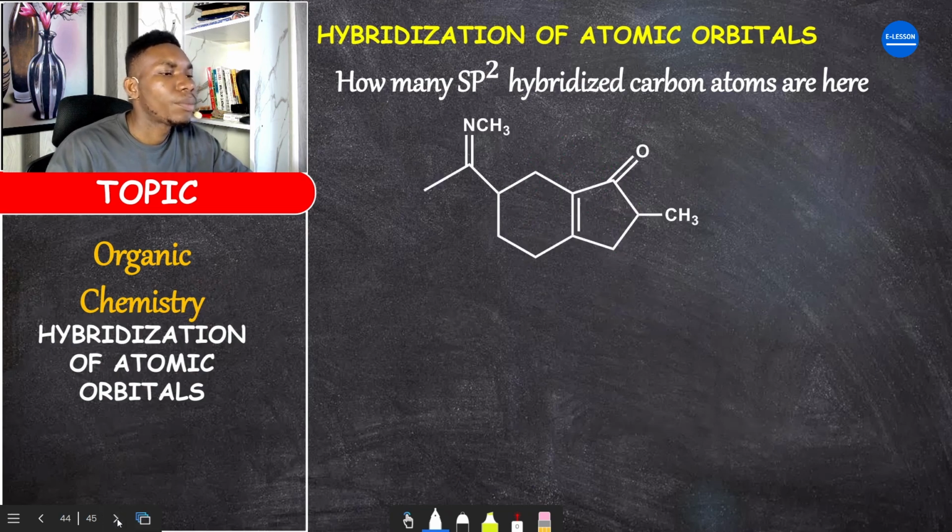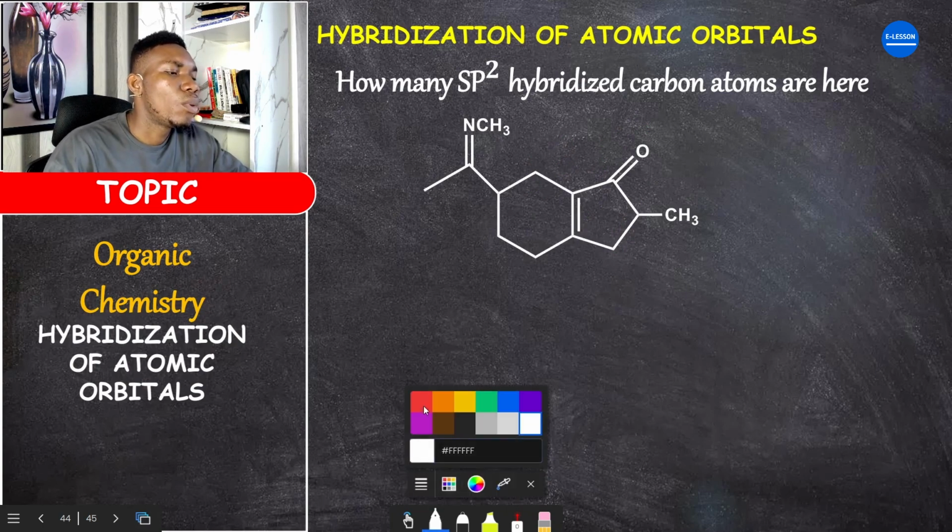Next, I told you that the first thing you should look out for is double bonds. So here you have double bonds. Let me just use this carbon, carbon, carbon, carbon. If you count it based on what I said, here is a pi bond, here is sigma, sigma, sigma. 3 sigma and 1 pi. What kind of hybridization? sp2.